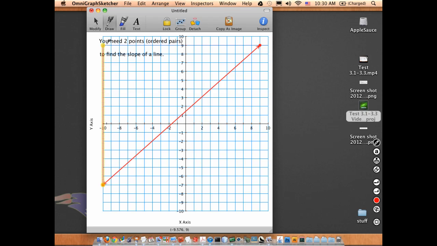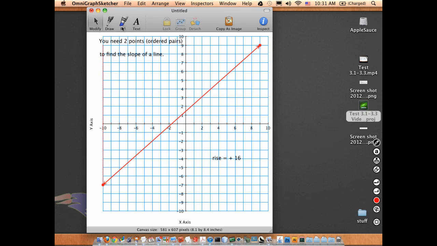There we go. So the rise is 16 units. So I say, okay, the rise equals positive 16. What lesson is this? This is lesson 3.5. Apologies, I didn't mention that.